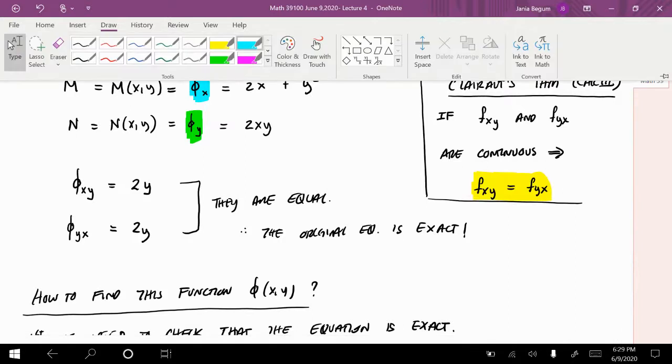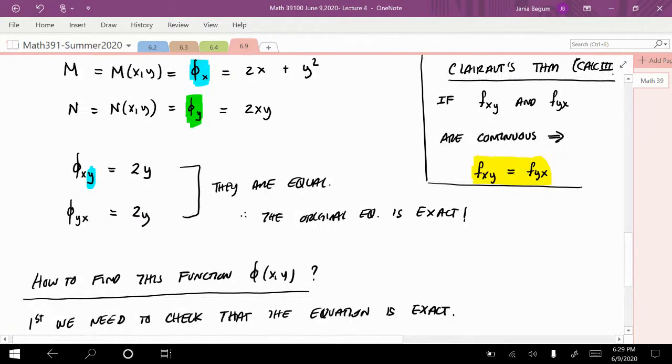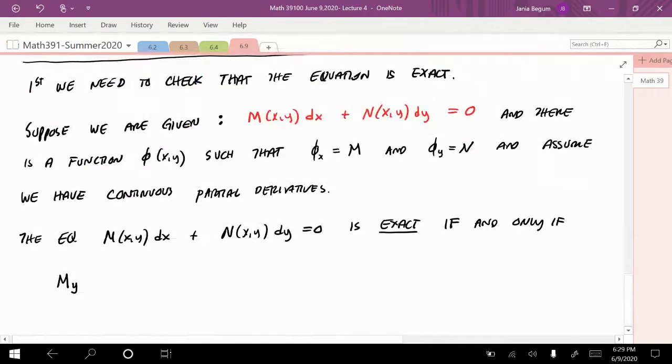So we took m, we took its partial derivative with respect to y, and then we took n, its partial derivative with respect to x, right? Those were the mixed partials.